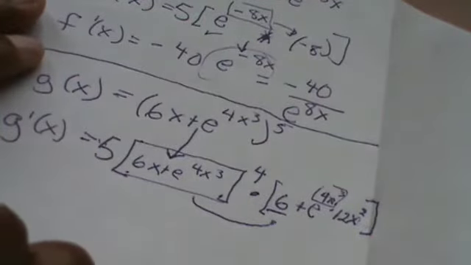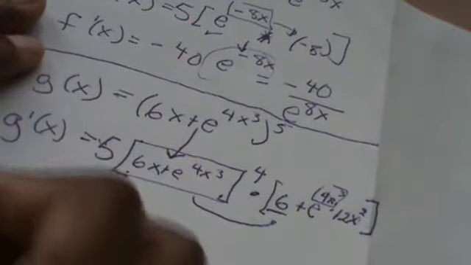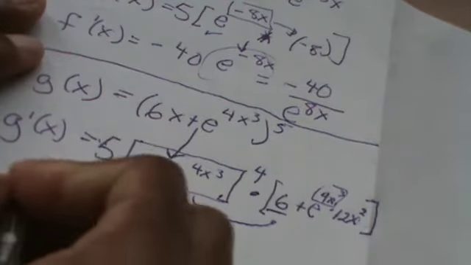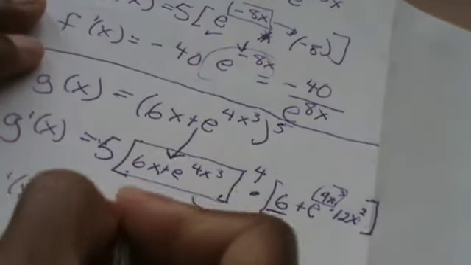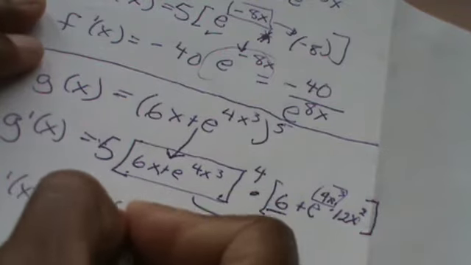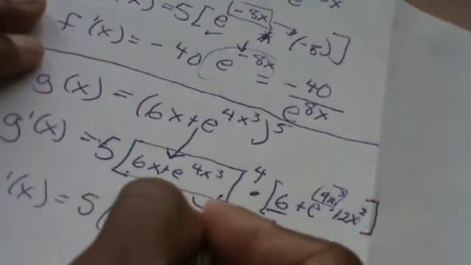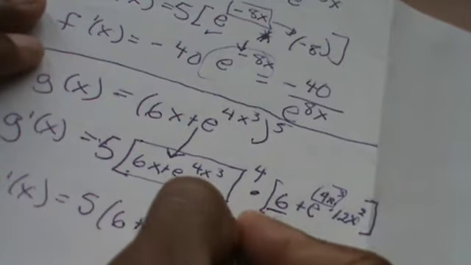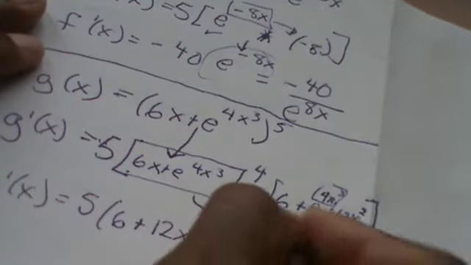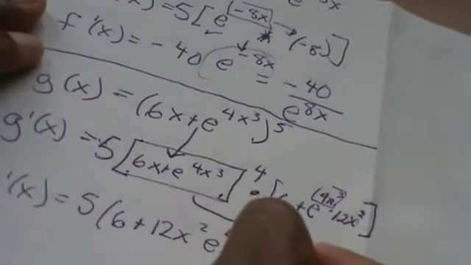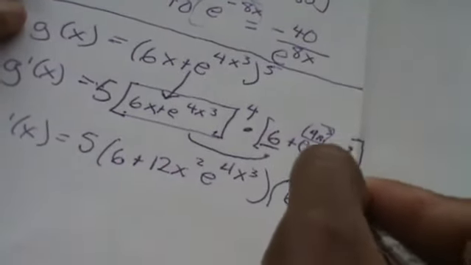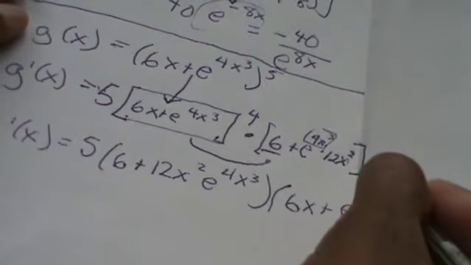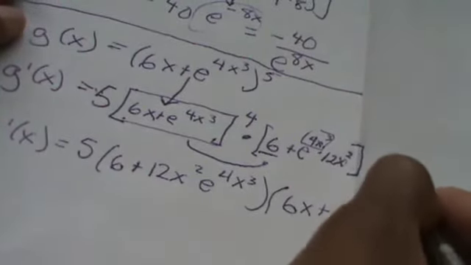All right. So let's see. g prime of x then equals 5. Technically, you could multiply it by 6 plus 12x squared e to the 4x cubed, and then that could be multiplied by 6x plus e to the 4x cubed, all that to the 4th power.